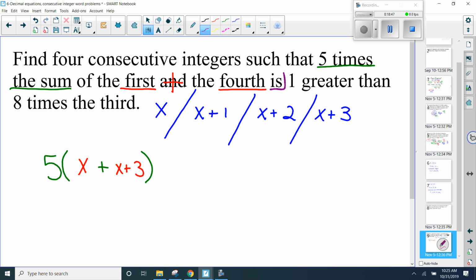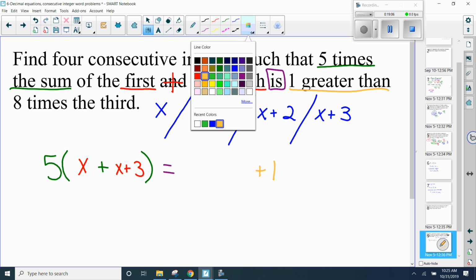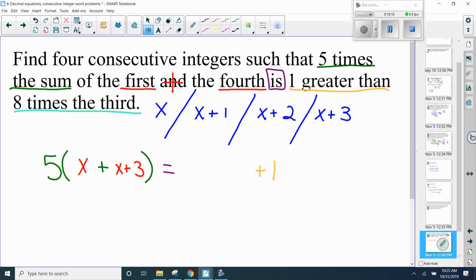Now I got the word is. What does that mean? Equals. And then I got this statement that says 1 greater than. What's that mean? I got to add 1. So plus 1, 1 greater than what? 8 times the third.